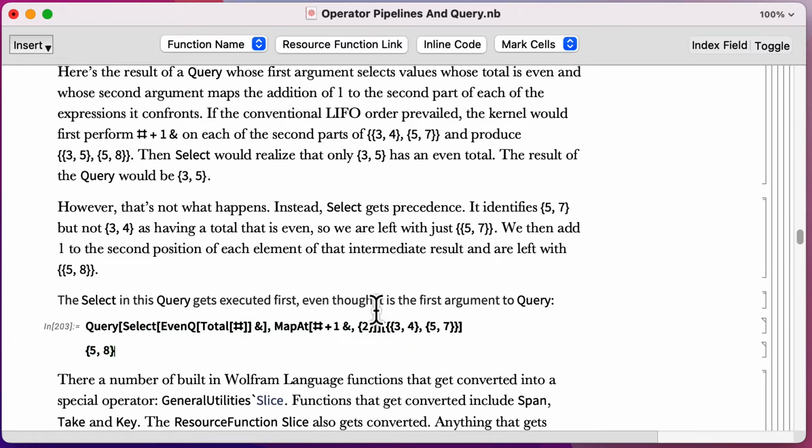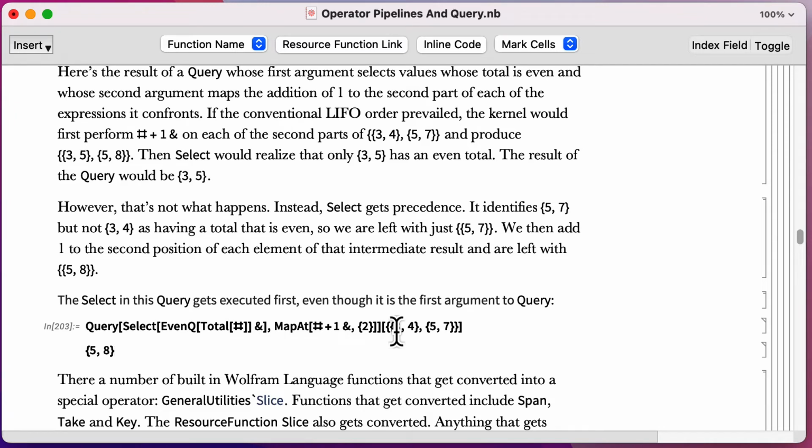But what if we do it in LIFO order? Well, we add 1 to each one at the second level, and so that would get us 3, 5, and 5, 8. And now, which of those totals are even?